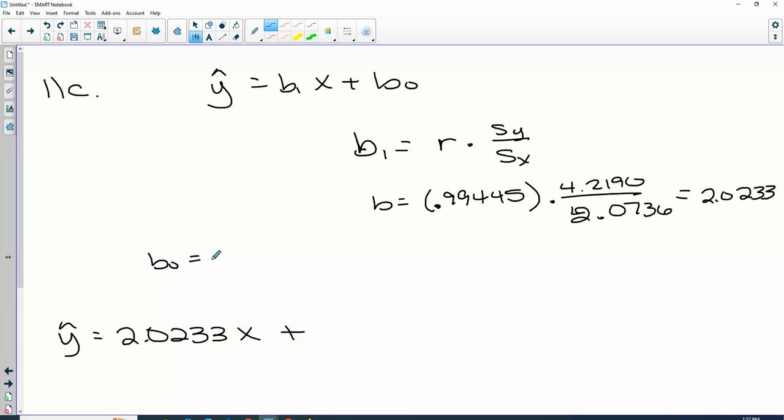So if we look at our formula sheet, it tells us b sub 0 is y bar minus b sub 1 times x bar. So the mean for y from part A was 8.6 minus b sub 1 times the x bar from part A of 5.4.